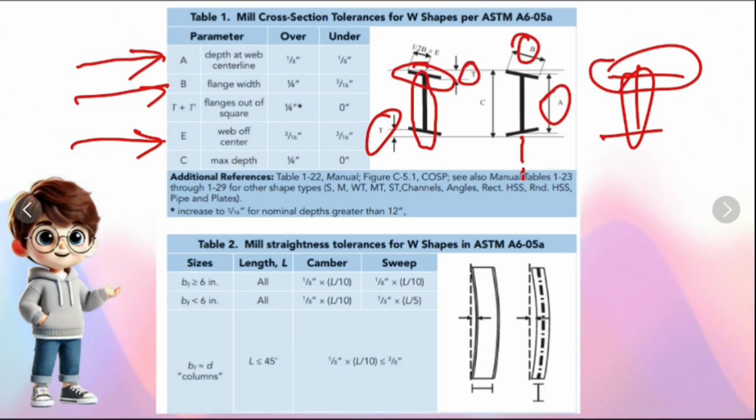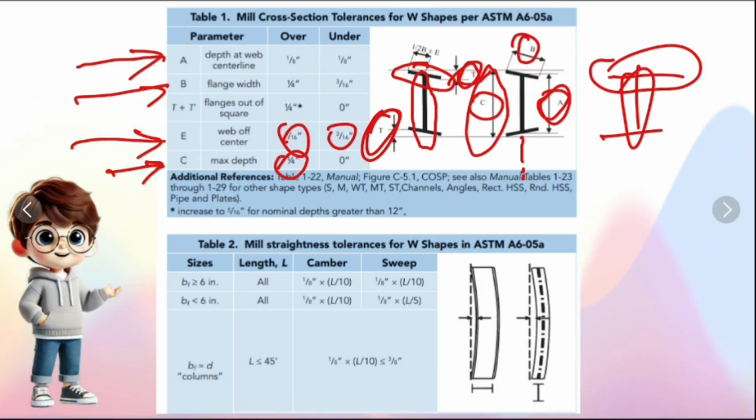That offset is a maximum of 3/16, and C is the maximum depth. If this T value variation is there, then A is less than C. So the maximum value of C is up to 1/4 inch. It should not go more than that.